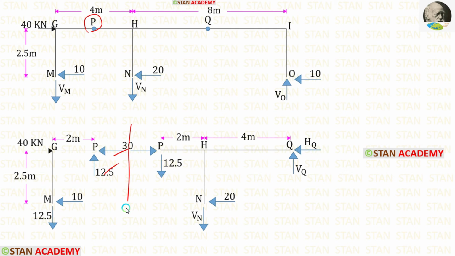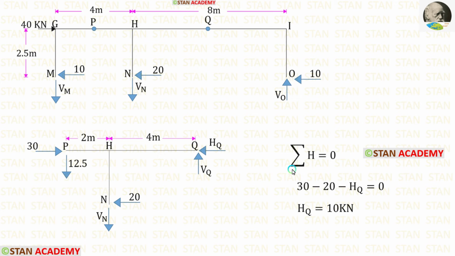On the right side, they will be acting in the opposite directions. Here, the horizontal force is acting towards the left side. So, on the right side, it should be acting towards the right side. Here, the vertical force is acting upwards. So, here it should be acting downwards.